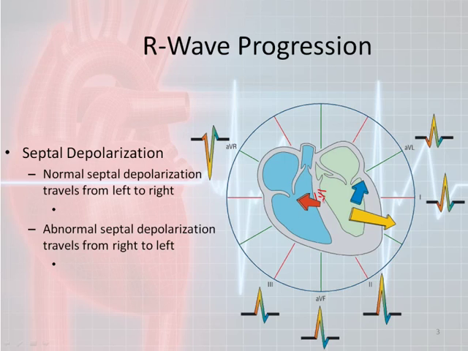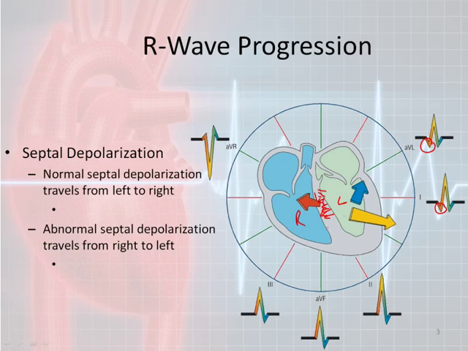Now, you're also going to have a small septal fascicle. Because of those two reasons, the left bundle branch being a larger cable than the right bundle branch, and the septal fascicle, the left side of the interventricular septum will depolarize first, and then it will send a signal towards the right side of the interventricular septum. In leads 1 and AVL, you're going to have a small, cute, petite little Q wave. This Q wave comes from the fact that the septum is depolarizing from left to right.